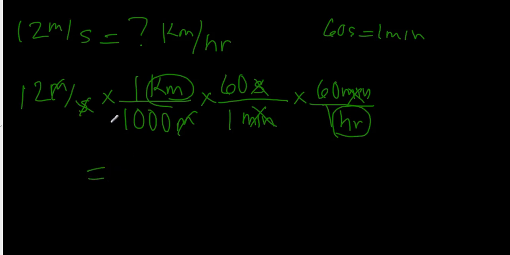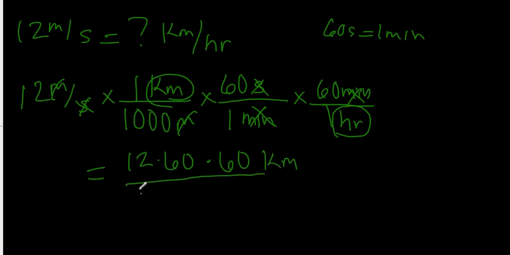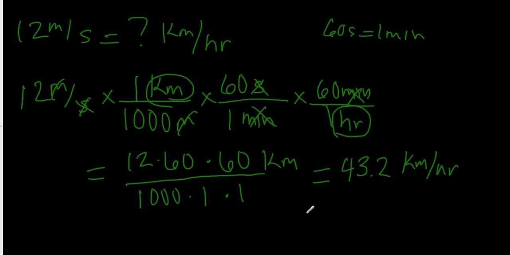So to continue my calculation, I'm going to have 12 times 60 times 60 divided by 1,000 times 1 times 1, which again I don't need to write out, but I did here, to get my final answer of 43.2 kilometers per hour, which when I know my significant figures I can only have 2, so I'm going to put 43 kilometers per hour.